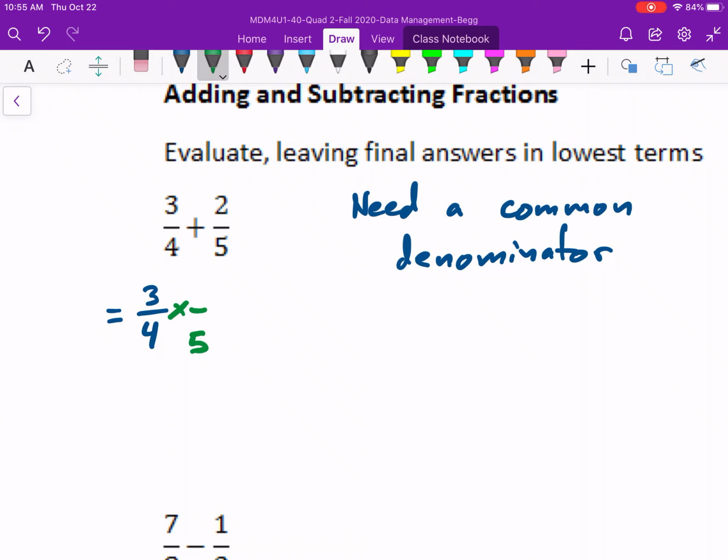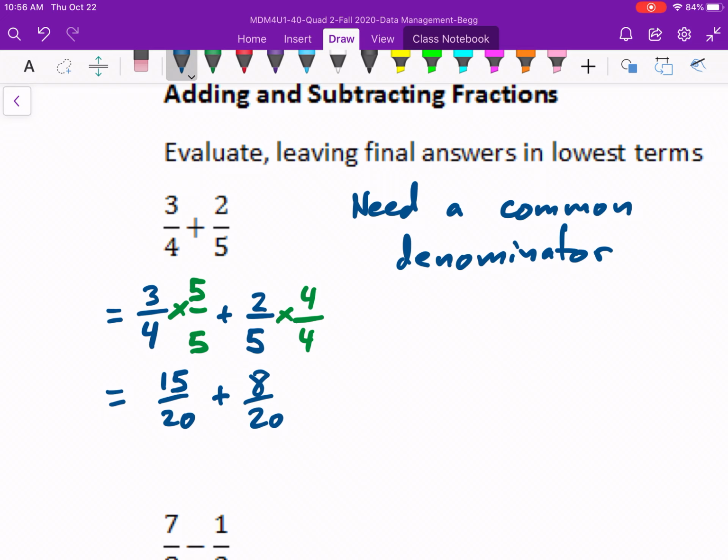However, I can't just multiply the bottom by something, because then I'm changing the value. So I have to multiply the top by the same thing. And if I multiply the second fraction by 4, I'll get 20 again as a denominator, but I have to do the top by the same thing. So I end up with 15 over 20 plus 8 over 20.